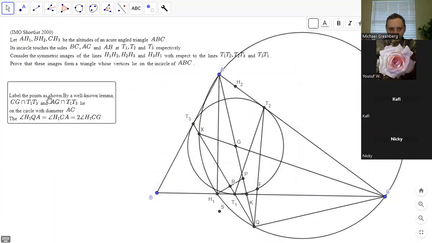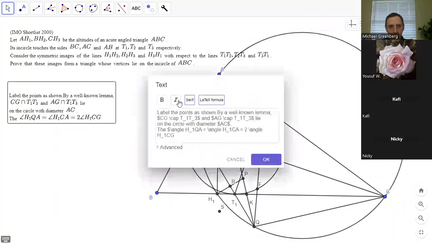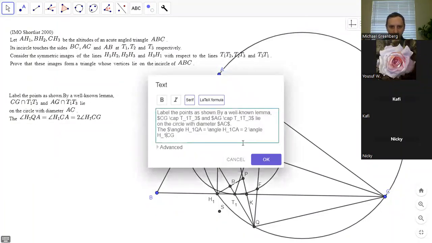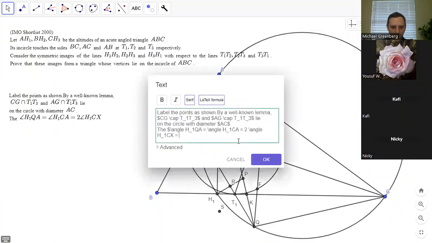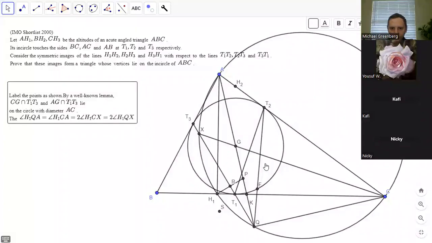Which is equal to 2 angle H1QX. Okay, so that means that QX bisects angle H1QA.